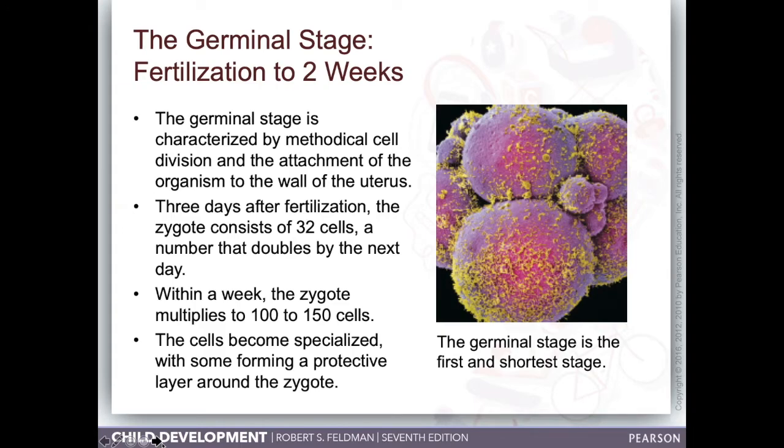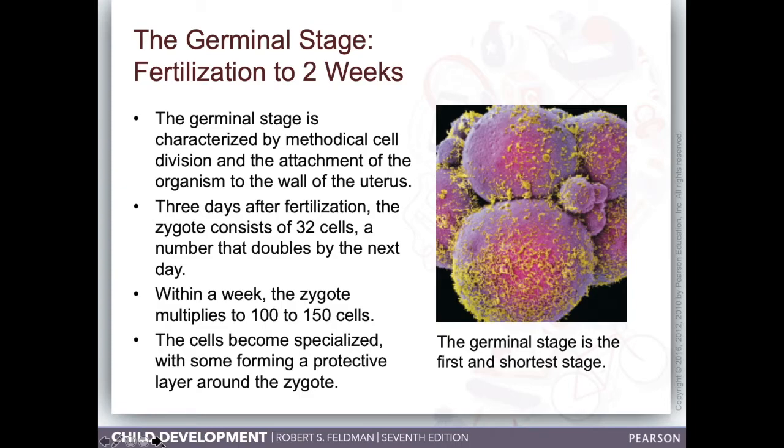The germinal stage is from fertilization to 2 weeks. Again, we're going to look into this a little bit more in depth next class, but this is when everything is just initially happening. The germinal stage is characterized by the methodical cell division and the attachment of the organism to the wall of the uterus. 3 days after fertilization, the zygote consists of 32 cells, a number that doubles by the next day.